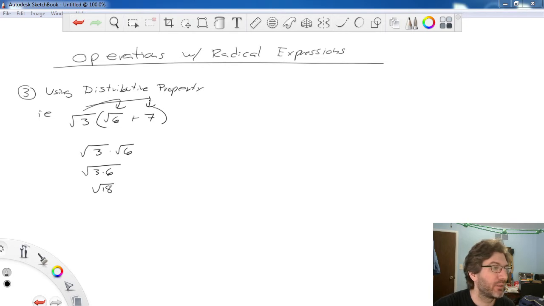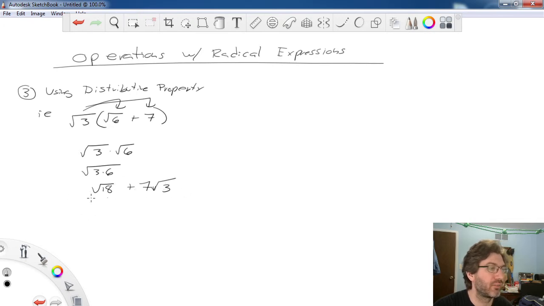Let's see here. We got, again, the square root of 18 from that. What are we doing? Distributive property. Okay, so the square root of 3 times the square root of 6 gives you the square root of 18. And then the square root of 3 times the square root of 7 is going to give you plus 7 square roots of 3.